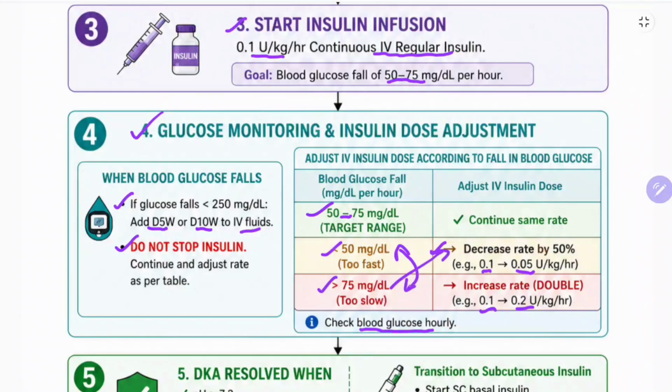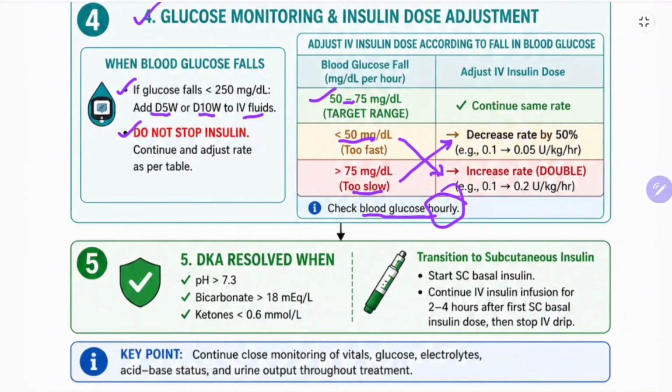This should be here and this should be here. If it is falling more than 75, then it is too fast, so then decrease the rate. If it is less than 50, it is too low, so you should increase the rate. Okay, and check the glucose hourly.